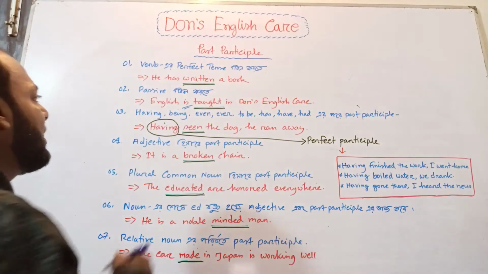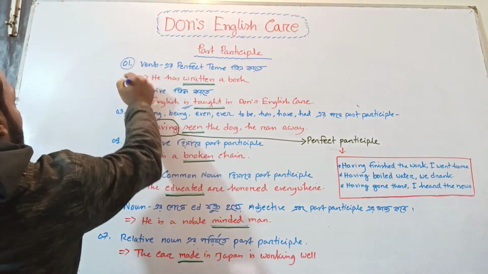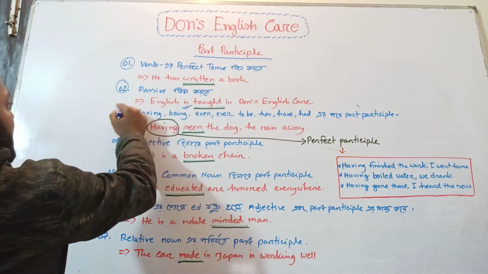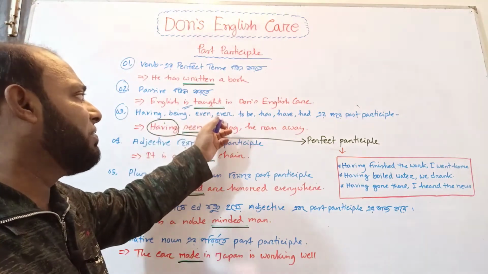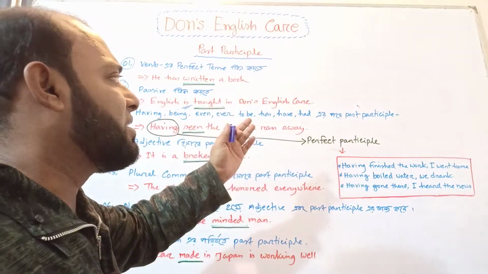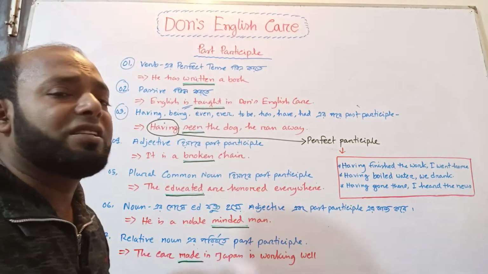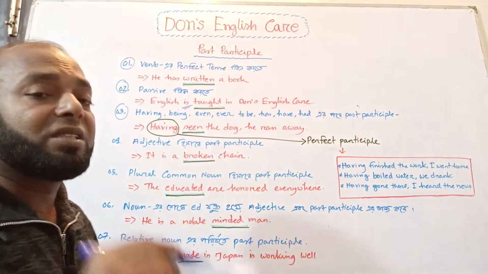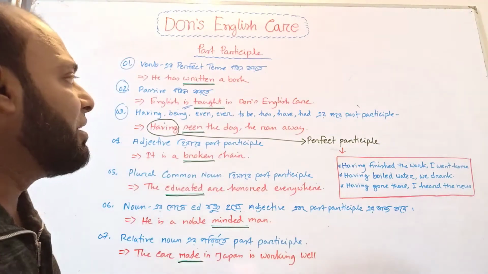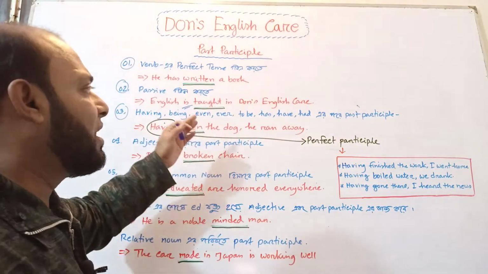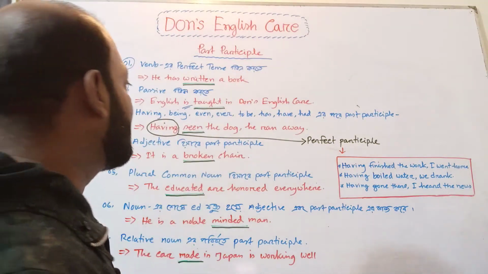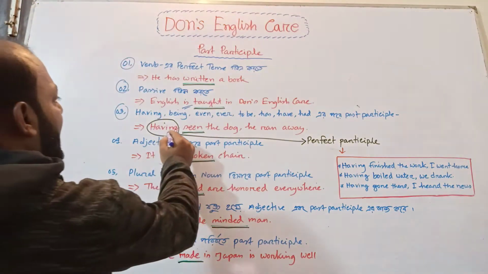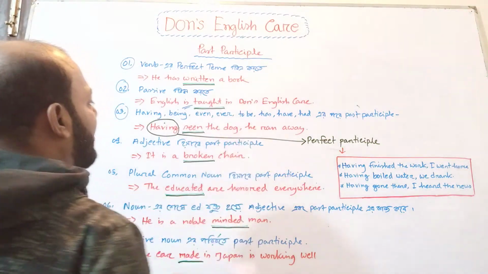Number 3. I have already discussed 2 options, number 1 and number 2. Having, being, even, ever, to be, have, as, had. After that, if we see any verbal word that contains the past participle form, in these structures, here is the feature of past participle: having seen the dog, he ran away.